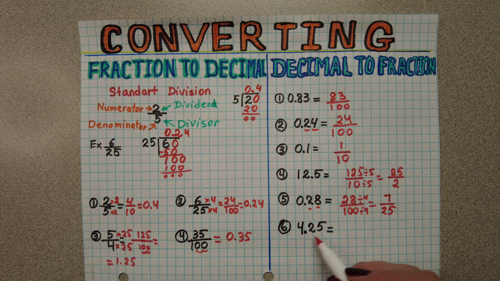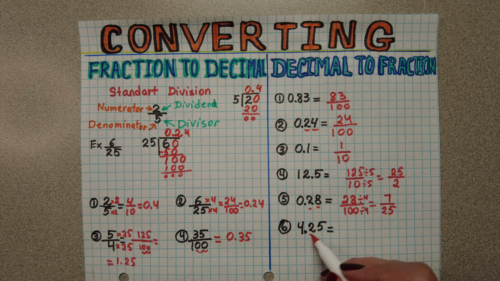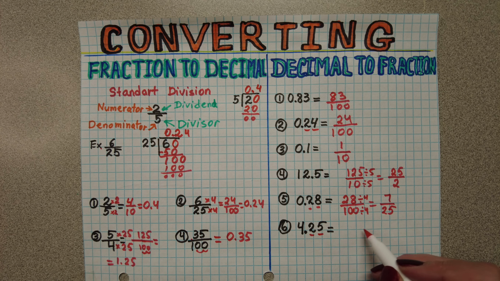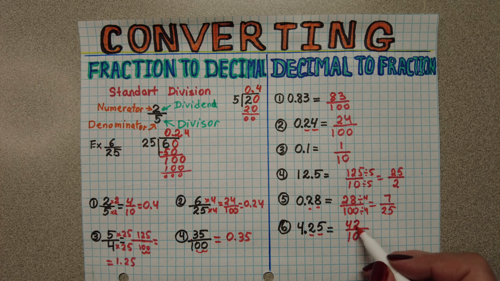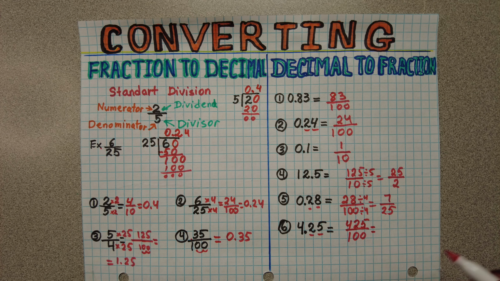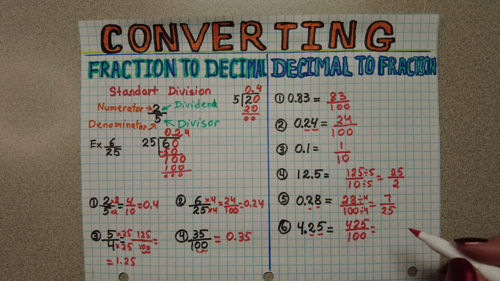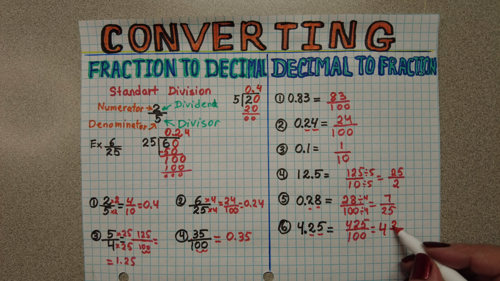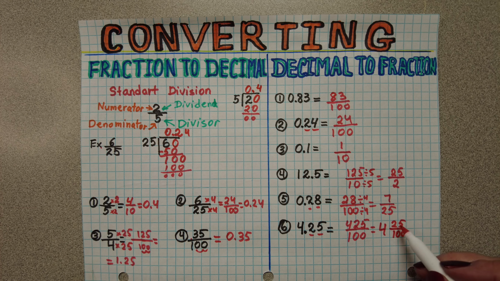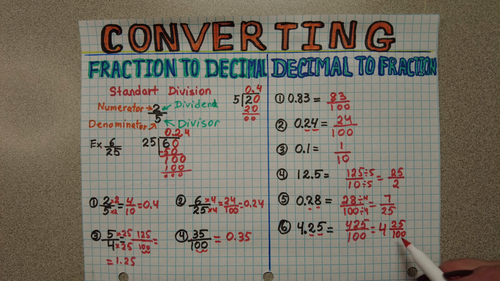The last one, again, we have 2 digits after the decimal sign. We will put here 1 and 2 zeros and write 425. You can make it a mixed number. How many hundreds go into 4? It's 4 whole. And then 25 over 100. We can also simplify the fraction part only.